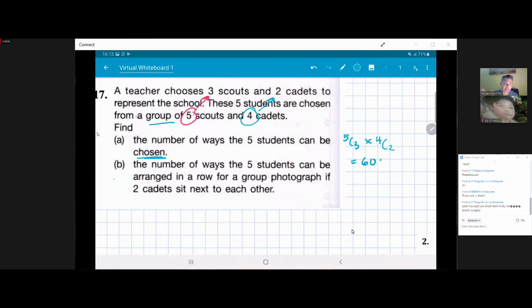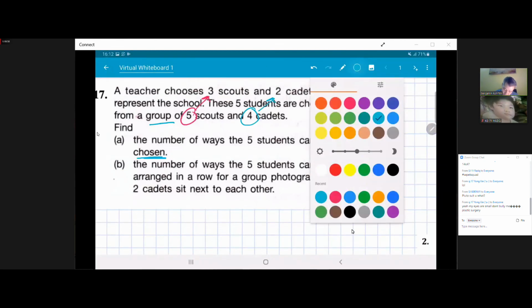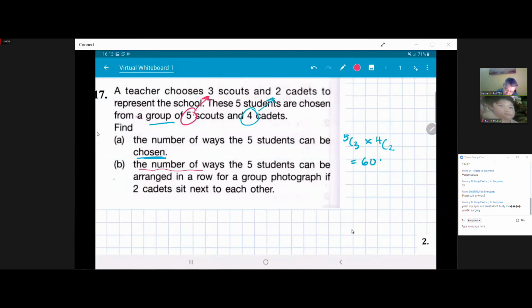I know that. But if you take a look at part B, it says here, find the number of ways the 5 students can be arranged. Now for the part B, the word given is arranged. So from here, I know the word arrange bermaksud permutation. So while just now in part A is combination, right now this one is permutation.